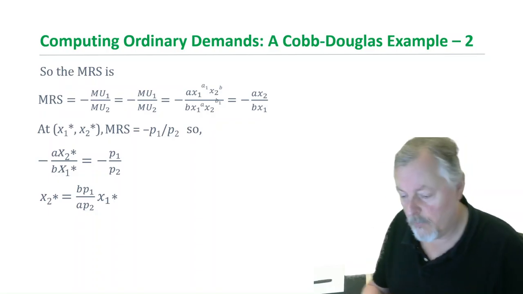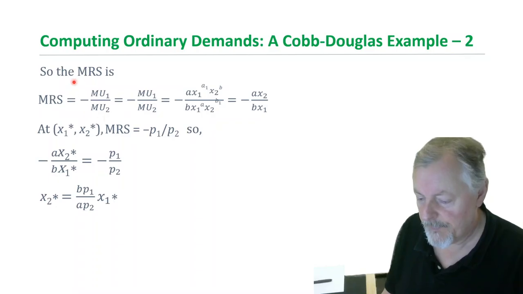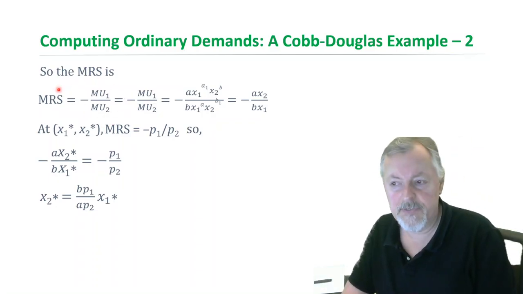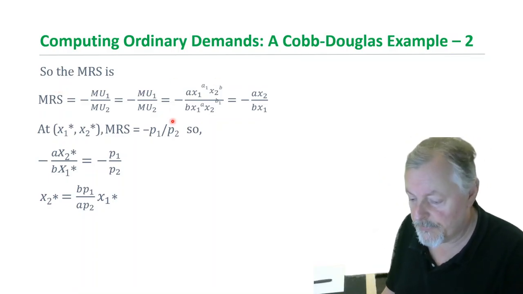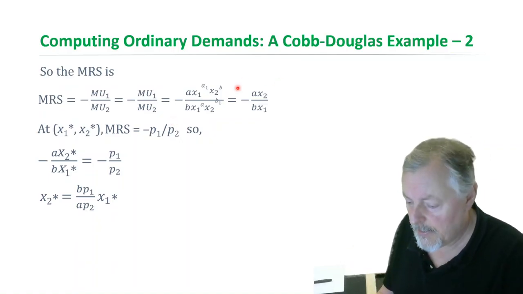Put them in a ratio with a negative sign out front. That is the formula for the marginal rate of substitution. Well, just plug in what we found, which is there. Do a little simplification, and you get that.